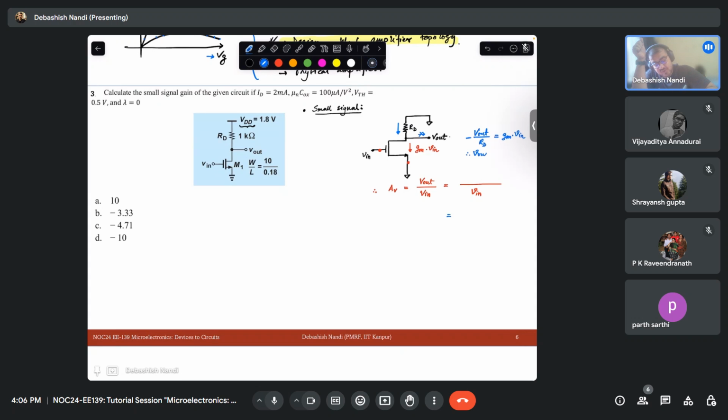So your V out is minus GM RD times V in. V in cancels. So the gain is minus GM times RD. Okay, RD is given. What is RD? RD is given as 1 kilo ohm. But what is not known to me? GM is not known, right?